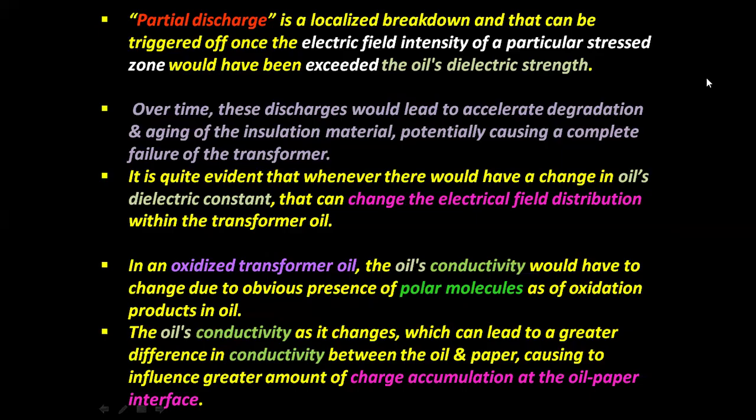In an oxidized transformer oil, the oil's conductivity changes due to the presence of polar molecules as oxidation products in the oil. As the oil's conductivity changes, it can lead to a greater difference in conductivity between the oil and the paper, causing a greater amount of charge accumulation at the oil-paper interface.